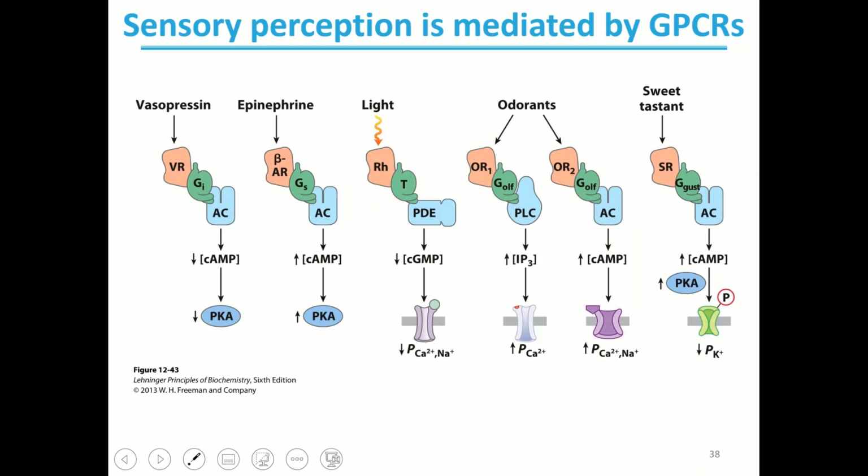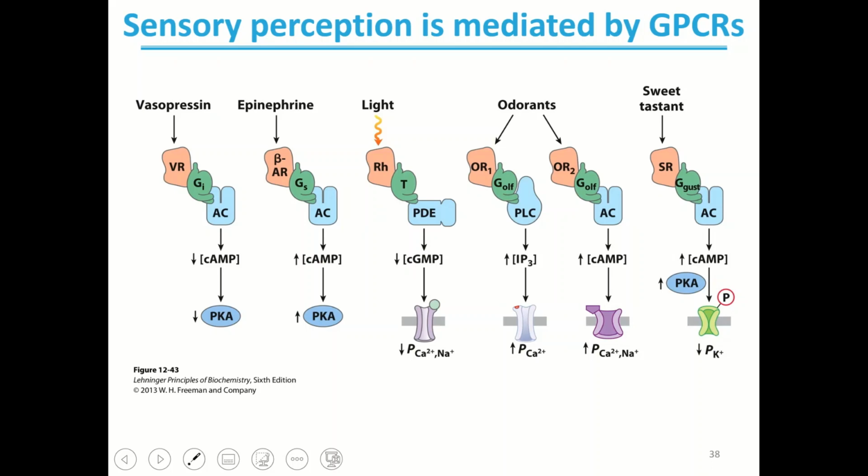Okay. Other sensory perception is mediated by these G protein coupled receptors. Vasopressin, this is a hormone or signaling molecule that really has the opposite effect of epinephrine.